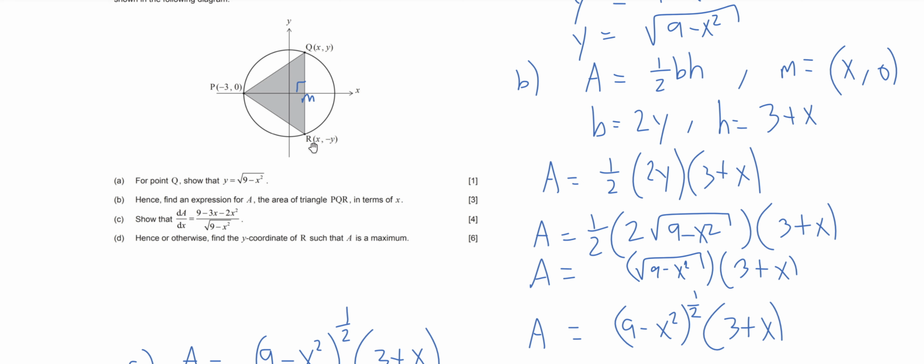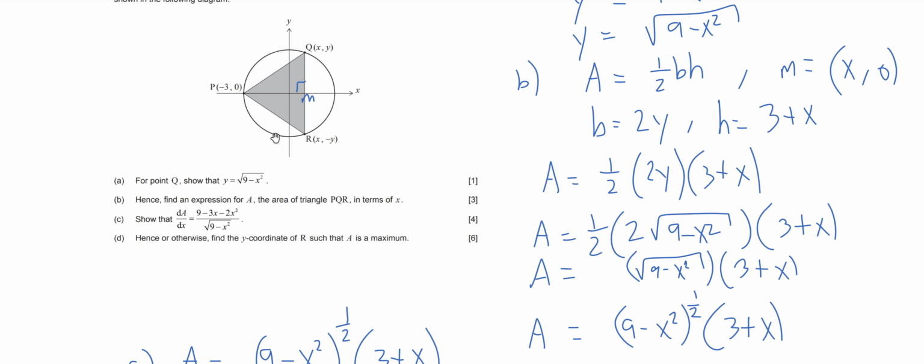If the x-coordinate of R is minus 3, that would place R over here. Q would be up here, also at minus 3. So that would make Q, P, and R collinear, and the triangle will be reduced to essentially a straight line. So that looks far more like a minimum area than a maximum.